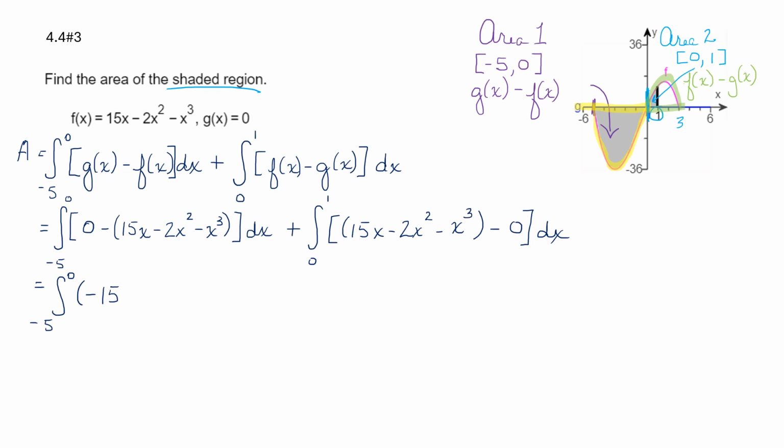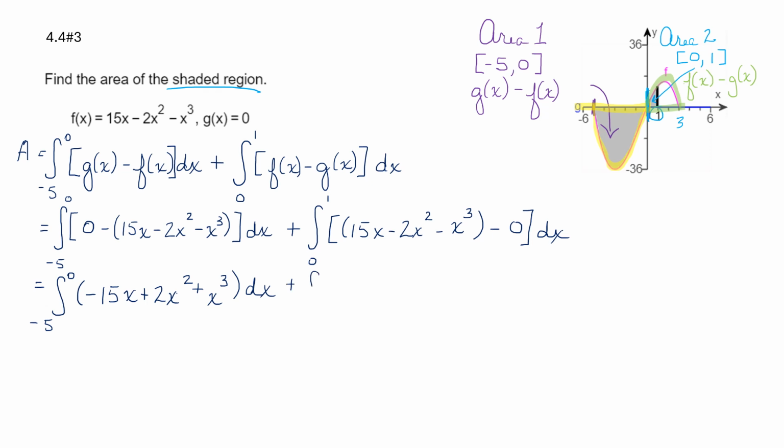So we'll have a negative 15x plus a 2x squared plus an x to the third. Okay, so that takes care of area 1.